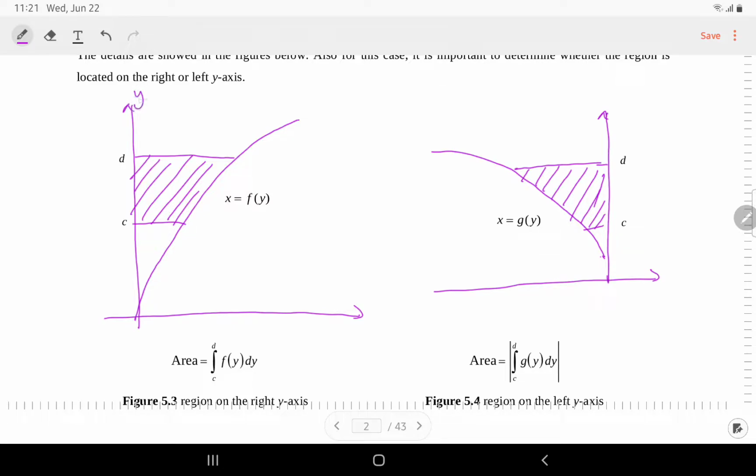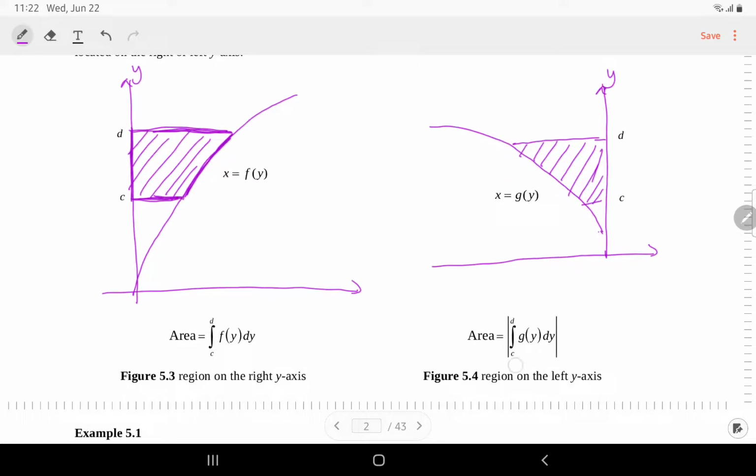Here is our y-axis. You can see in figure 5.3, this is our shaded region. It is located on the right side of the y-axis, bounded by the y-axis, the curve, y equals c and y equals d.